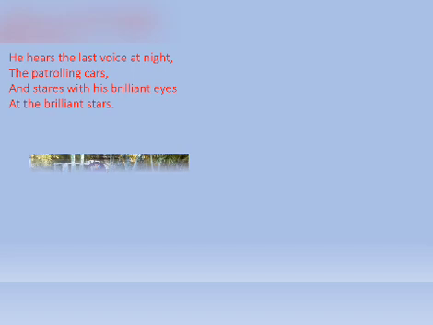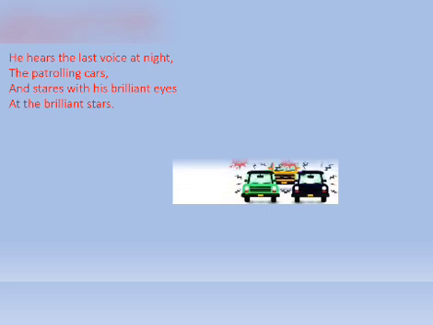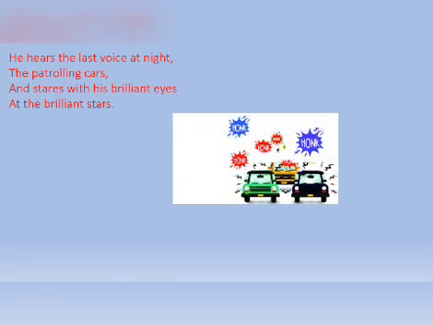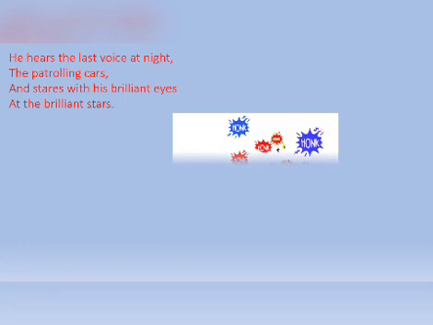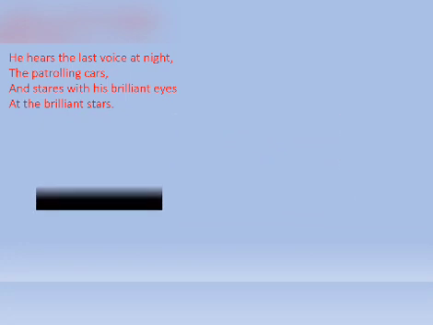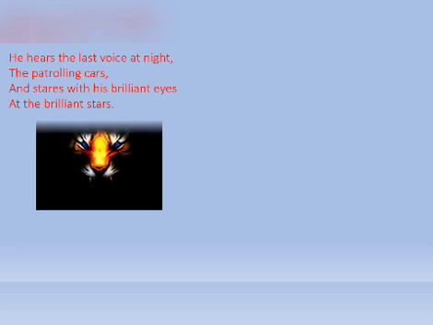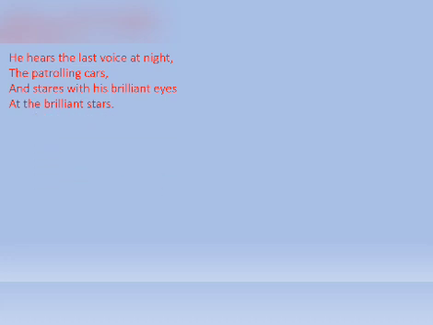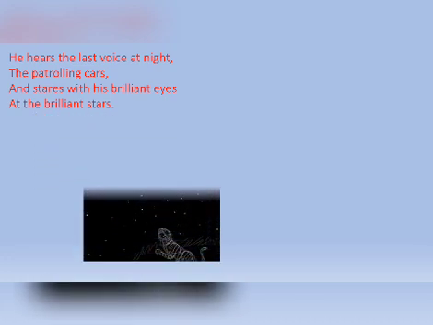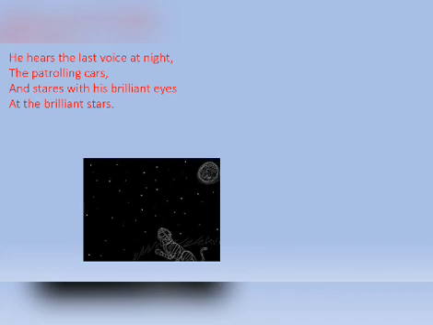Even at night, it stays awake till the very last voice of the zookeeper, locking up and going home, can be heard. After that too, it does not go to sleep. All night it remains disturbed due to the noise of the patrolling cars. He keeps staring at the brilliant stars with his brilliant eyes. Perhaps he is asking heaven why he has been imprisoned there.